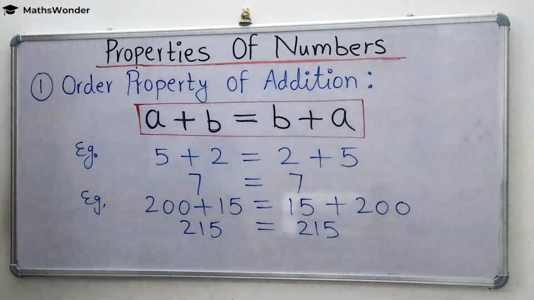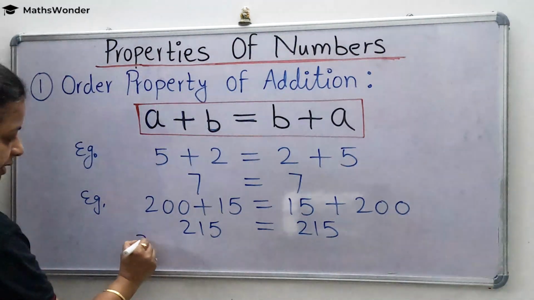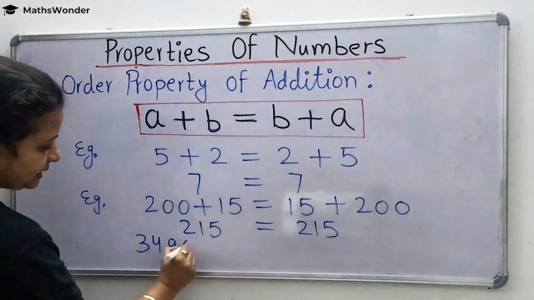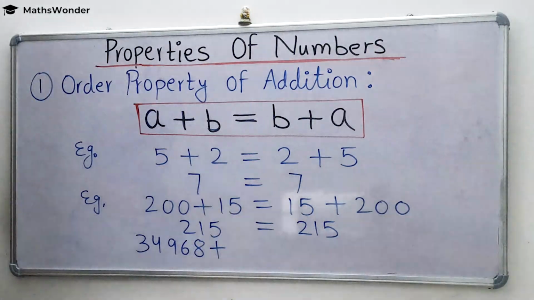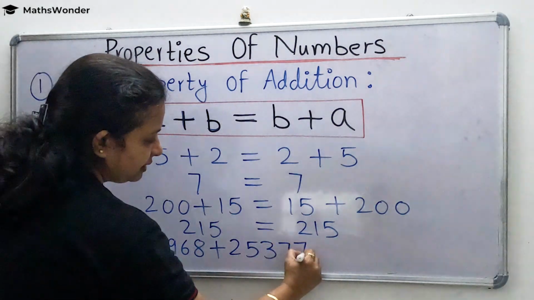Now, suppose I am talking about other numbers, a 5-digit number. 34968 added with the other number, 25377.